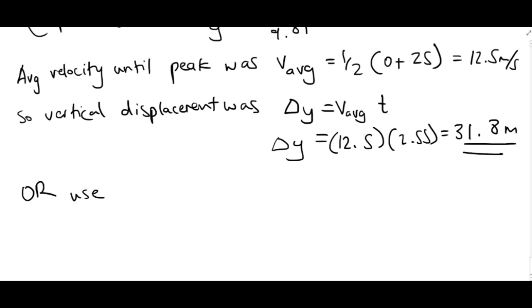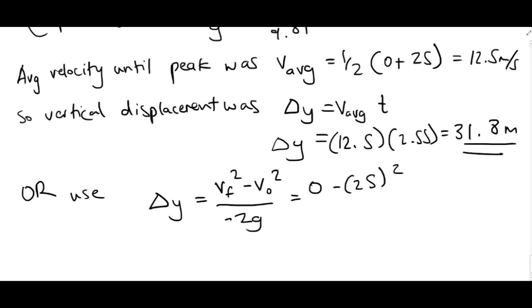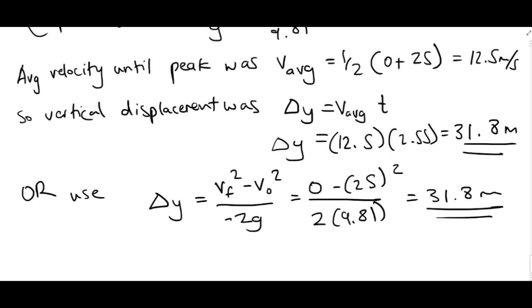There's also another way you can solve this, which is using the formula delta y is equal to Vf squared minus V naught squared divided by negative 2g. This is going to be equal to 0 minus 25 squared over 2 times 9.81, which is equal to 31.8 meters as well. So that is the end of unit number 3.